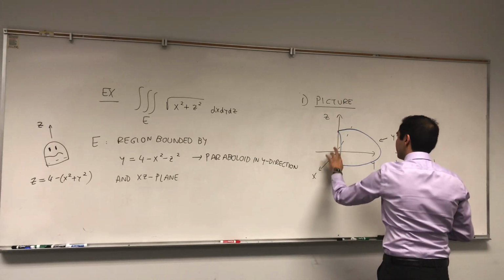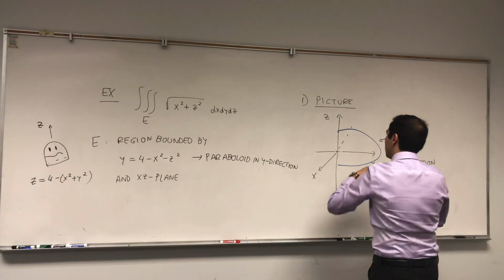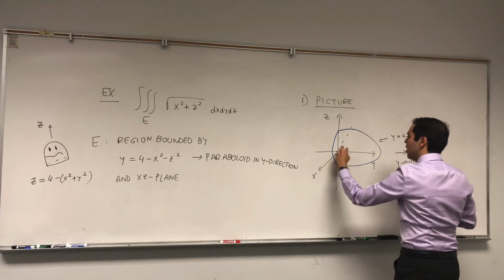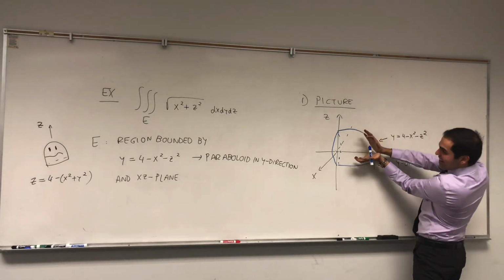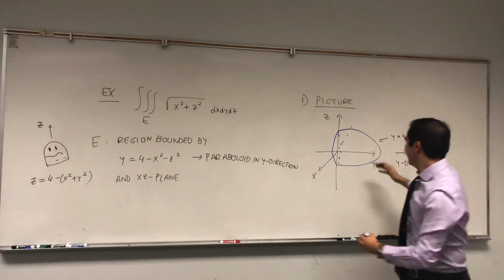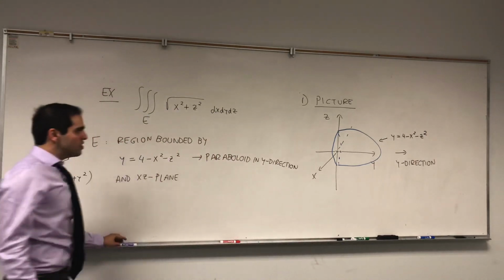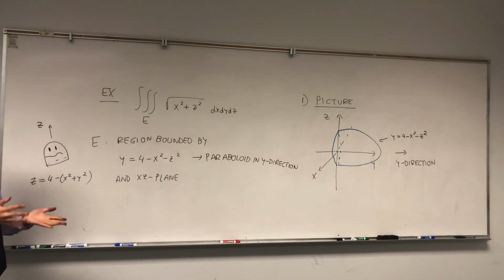So let me draw this a little bit better. Kind of like that. Okay. So it's kind of reverse, like a kamehameha, but in this direction here. And what's interesting is it already tells you sort of which direction we have to do the integral with.